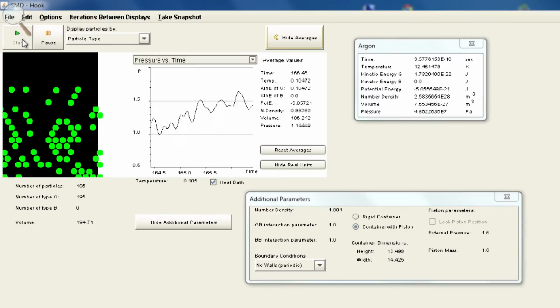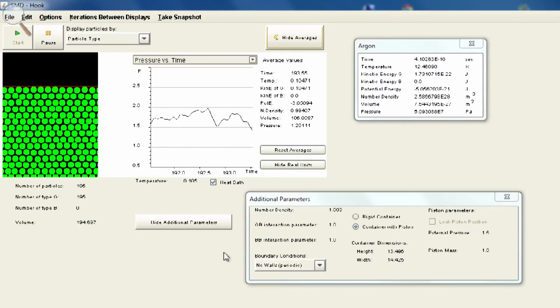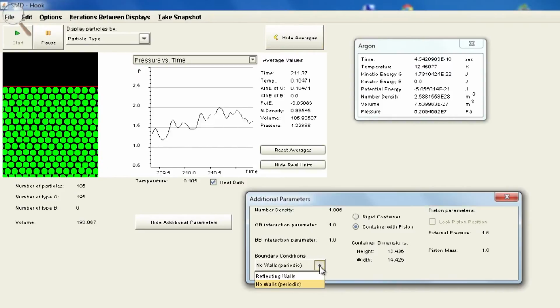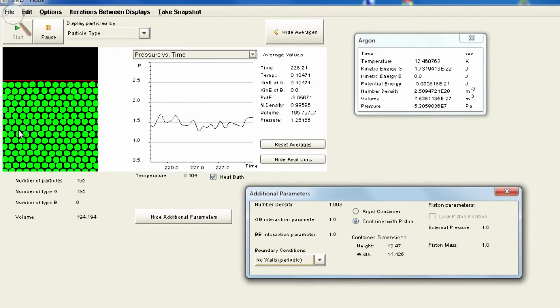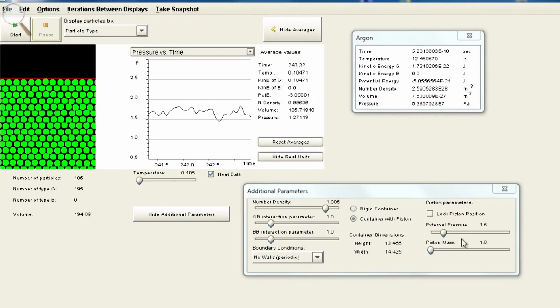So we go forward. Now you can see that it is moving down, and the strains are available all over the place, and this has no walls. This is periodic boundary conditions, which is good. We want to look at the bulk elastic constants. Now let me pause it here, then increase the pressure again and move that.